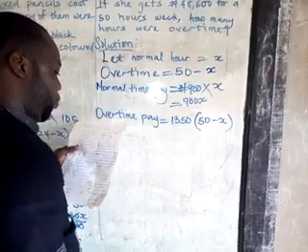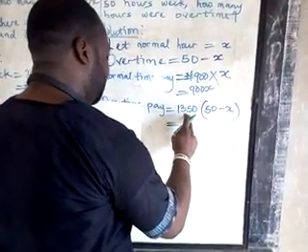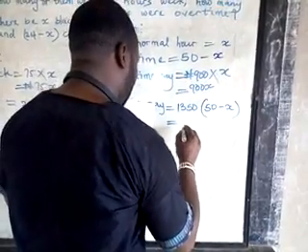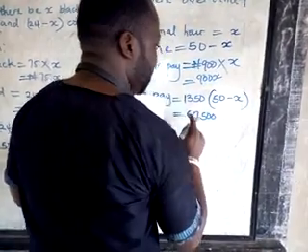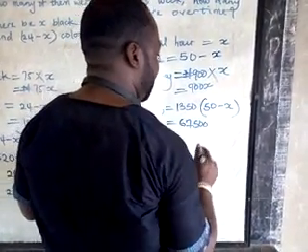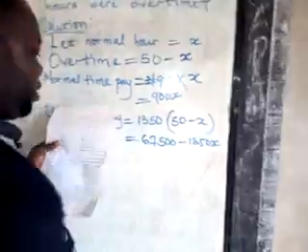So by the time we now open the bracket, what do we have? This will now give us 1,350 times 50. That will give us 67,500. 1,350 times minus x, minus 1,350x.